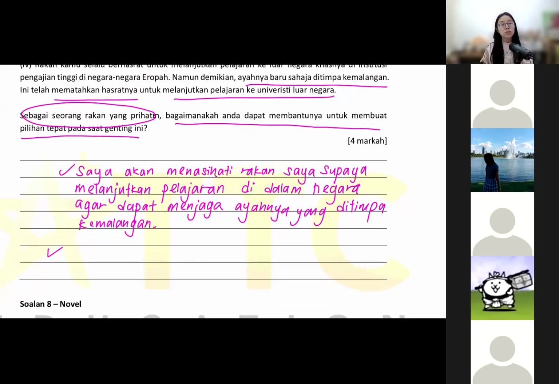Okay, other than suggesting him to study in Malaysia, what else will you do? What else can you do? Now he doesn't want to study overseas already, which means he also gave up on study already. So what can you do other than suggest him to study in Malaysia?